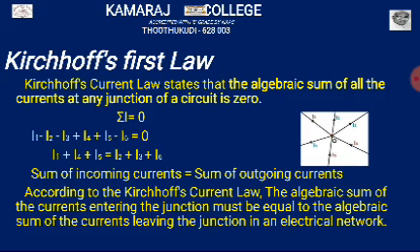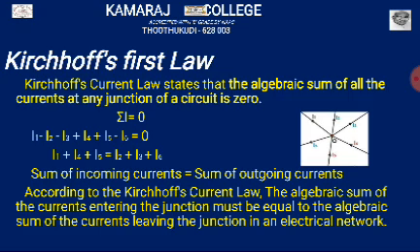I1 is entering the junction, so positive, and I2 is leaving the junction, so we have to take it as minus I2. Like that I3 is also leaving from O, so minus I3. I4 is positive, entering, I5 is positive, entering, I6 is leaving from the junction, so minus. So now we can write the equation as I1 minus I2 minus I3 plus I4 plus I5 minus I6 equal to 0.